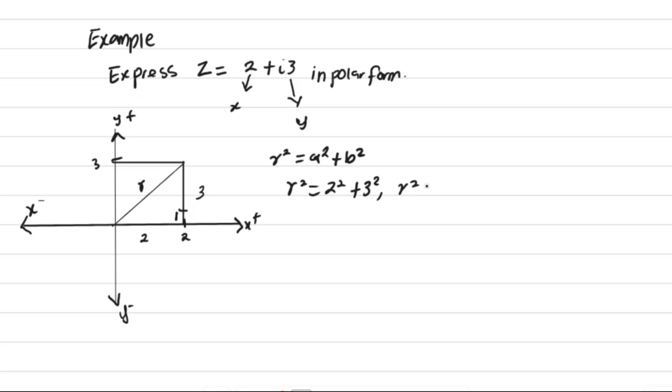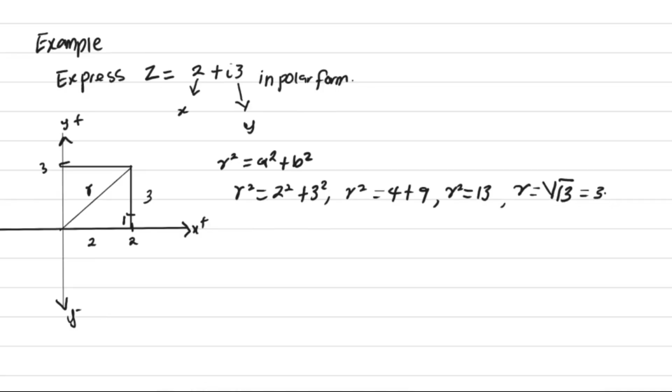It means our r square will give us 4 plus 9. This means that our r square will give us 13. This means our r will give us square root of 13. And square root of 13 should be around 3.606 using your calculator.